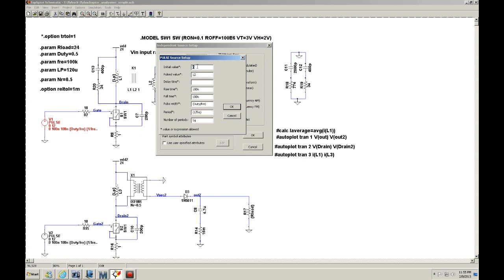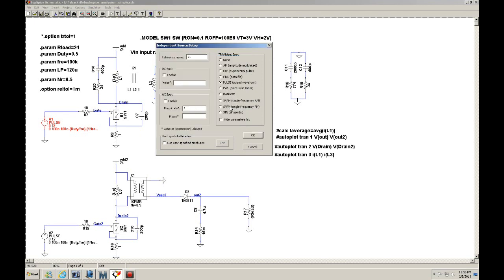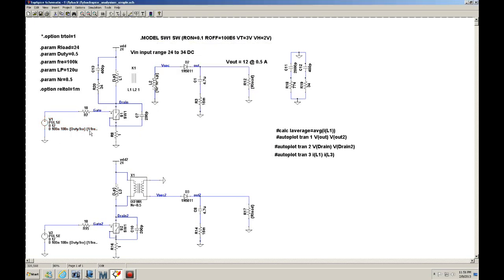Here I have an initial value of 0, a pulse value of 12 volts, rise and fall time of 100 nanoseconds, and for the pulse width I have the curly bracket, which is a parameter: duty cycle divided by freq, and then the period as the reciprocal of freq. And the number of periods, I went ahead and set it to 1 gig. Once I have those parameters within the curly brackets, they're defined here. Freq is 100 kilohertz, and duty cycle is 50%, which is 0.5.